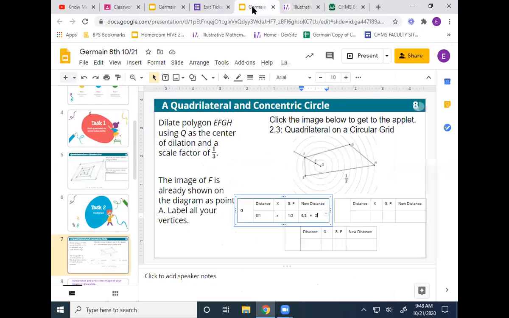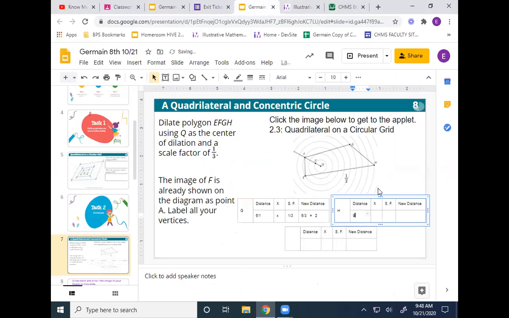On your slide, I want you to come back and I want you to put your distance in here. What is your distance as you're working from Q to that point H? Who can tell me what's the distance from Q to that point H? How many circles out is it? 9. 9, very good.